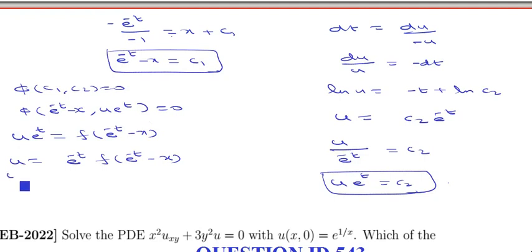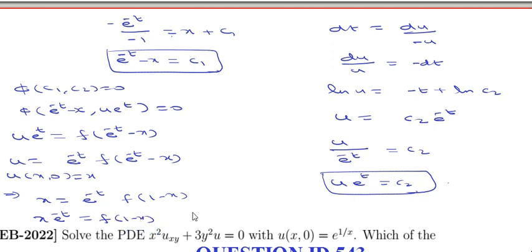Now u of x comma 0 equal to x, so this implies x equal to e power minus t f of e power minus t minus x at t equal to 0. So x equal to f of 1 minus x.